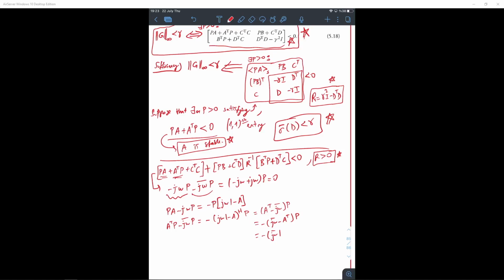I was neglecting identity anyway. Minus A transpose P equals minus j omega identity minus A Hermitian P.